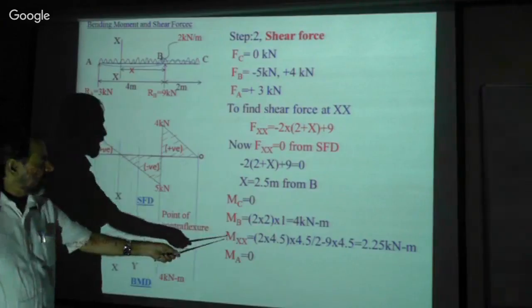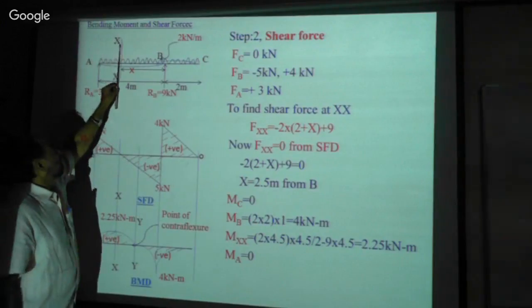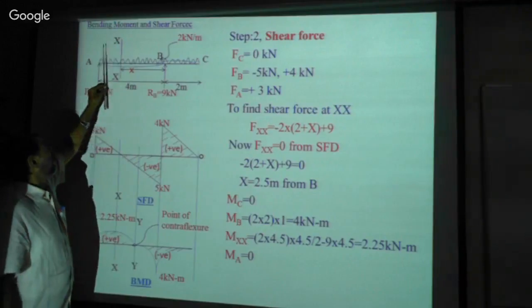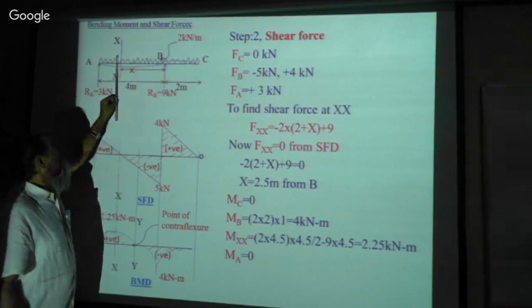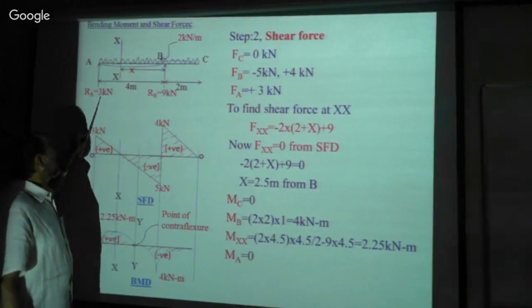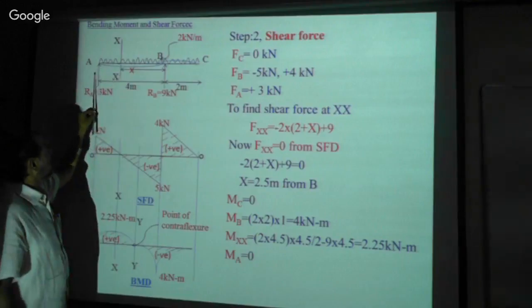And similarly, at MXX, the maximum bending moment is at this point. Either we can consider this side or that side. If we consider the left hand side, it is 3 multiplied by 1.5 meter, because it is 2.5 meter, therefore 1.5 meter. 3 into 1.5 is 4.5.